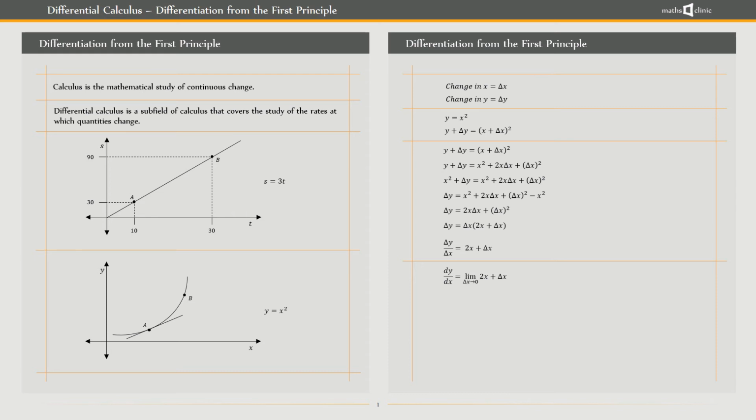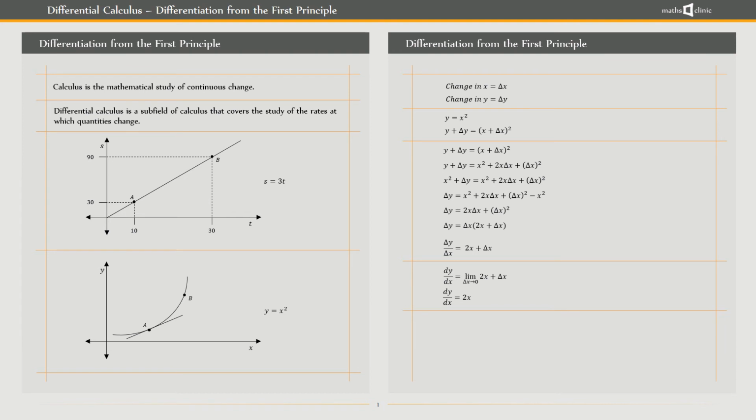So dy dx is the limit of 2x plus delta x as delta x tends to 0. Because I said you introduce a point that is so close to the point A that the difference in x, delta x, is pretty much 0. So find the limit of the function 2x plus delta x as delta x tends to 0, and what we have in the end, delta x pretty much becomes 0, and we have that dy dx equals 2x.